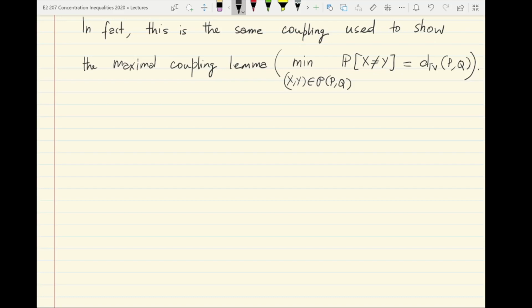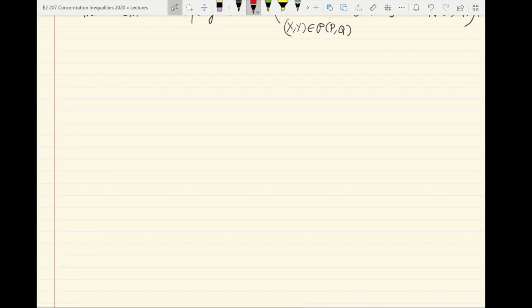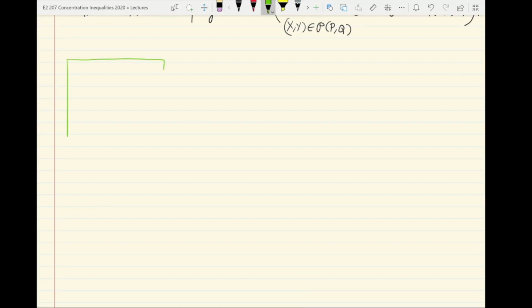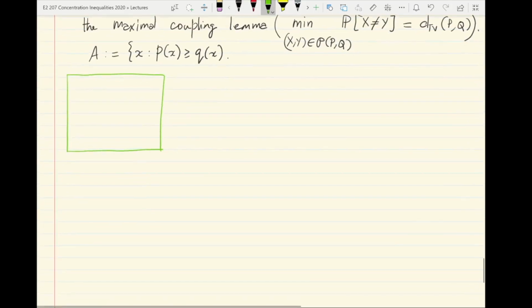So we'll use the same coupling, and just to recall what that coupling was, we drew a picture. Let me just recall that picture. If you define A as the set of all x where P dominates Q, we basically split this 2D square into A and A complement.